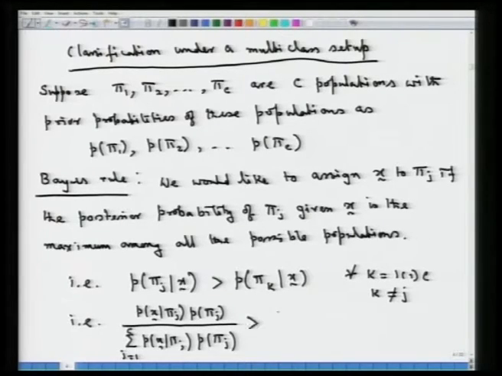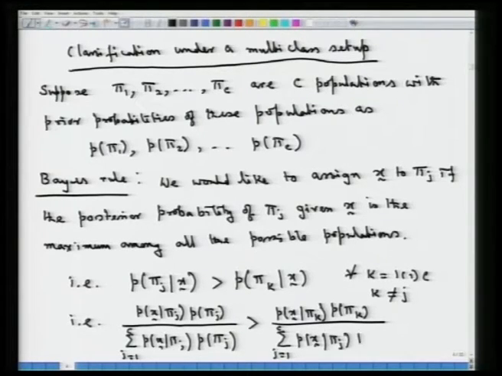If that is greater than the corresponding quantity on the right hand side, which is probability of x given pi k, multiplied by the prior probability of pi k, divided by summation j equal to 1 up to c of p x given pi j into the prior probability of the jth population, if that is true for every k equal to 1 up to c with k not equal to j.